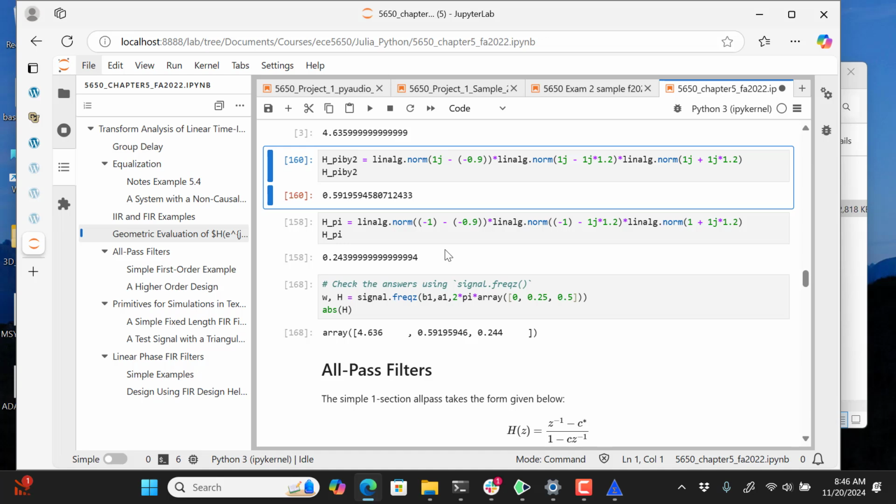And then what I can do to really speed things along, I can go into freqz and I can say, suppose I would like to get the magnitude at 0 and at 2 pi times 0.25, which would be at pi over 2, and then at 2 pi times 0.5, which is at pi.